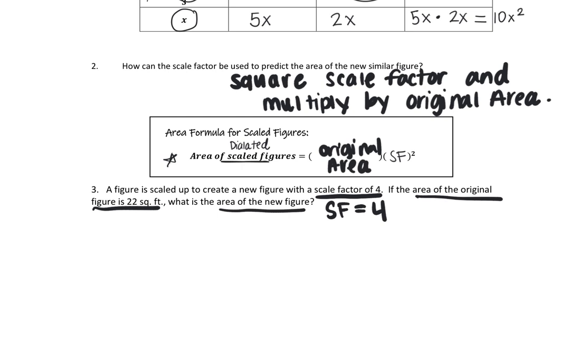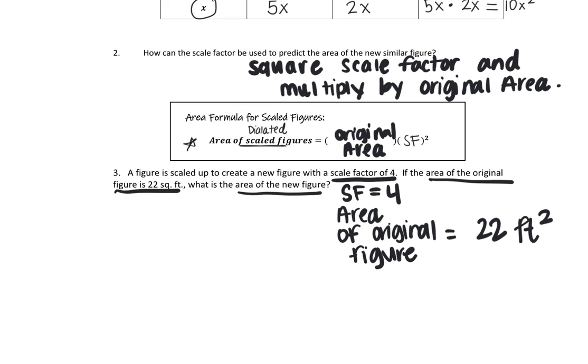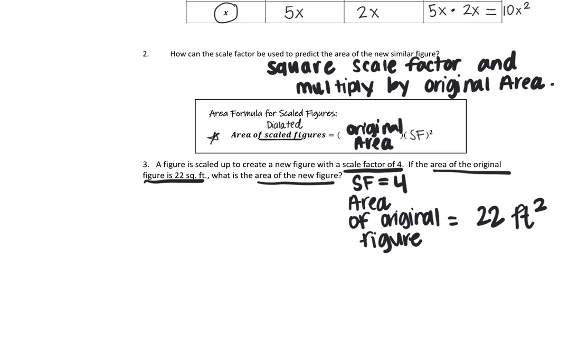The area of original figure, it's 22 feet squared. Okay, so the scale factor is 4. The original area is 22. Those are the two pieces of information I need to use the formula.